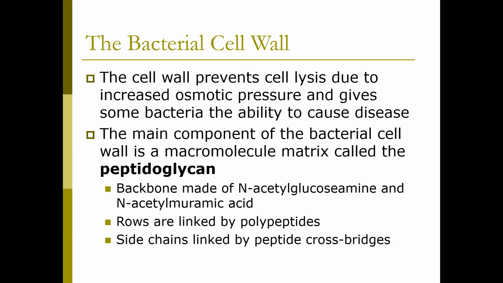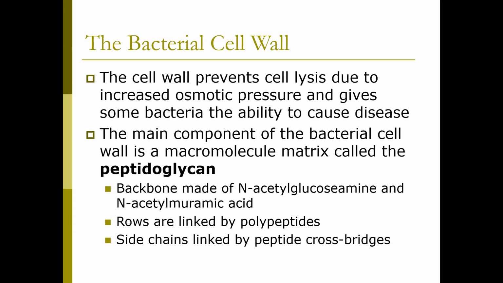So the main component of the bacterial cell wall is something called peptidoglycan. So you definitely want to know that. It's in the PowerPoint in bold, so you know that that is an important term. Now, peptidoglycan is a very complex macromolecule. It is made up of things like N-acetylglucosamine, N-acetylmuramic acid.